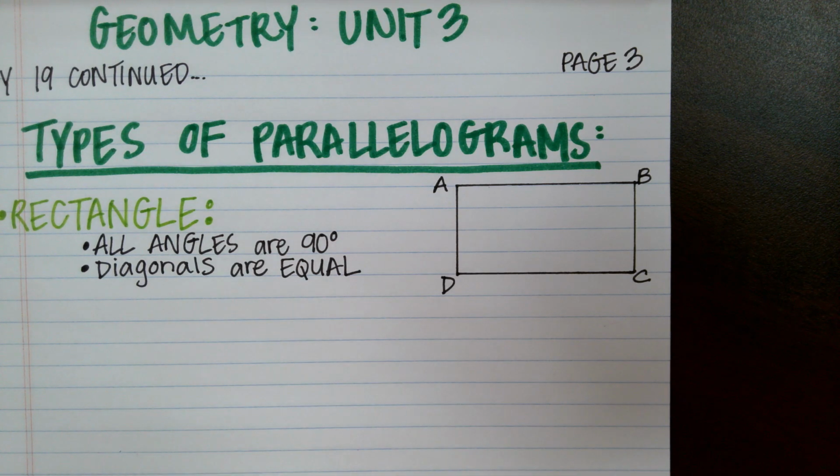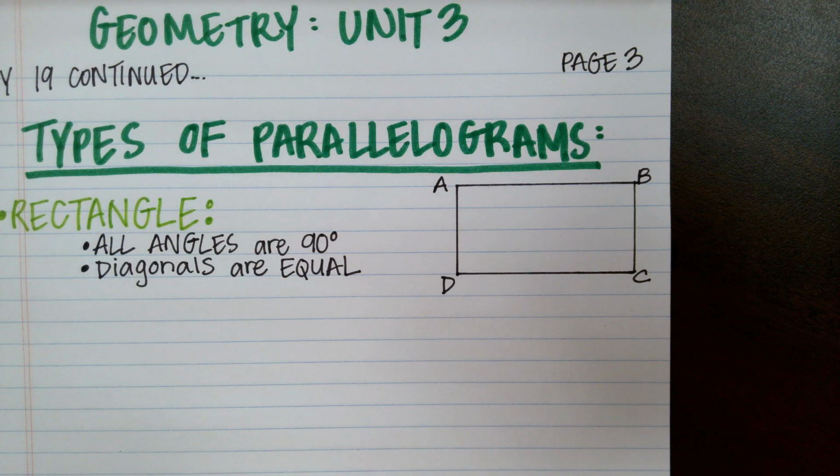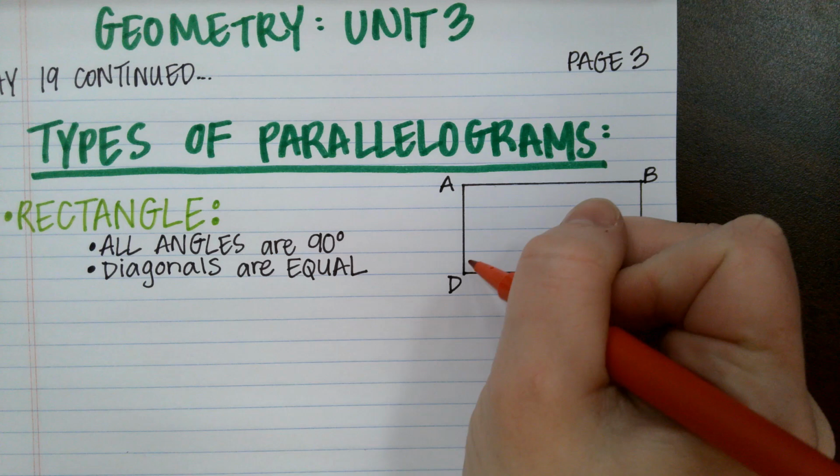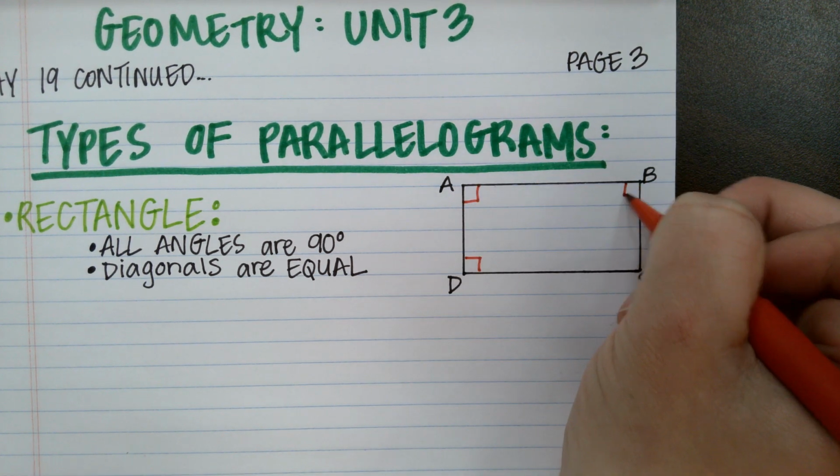So now we just want to make sure that we're labeling all the things up here. So our angles are 90 degrees. How do we show that? By putting a little square in them. So I'm gonna put a little square on all my angles like this.